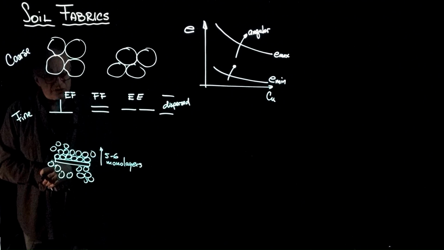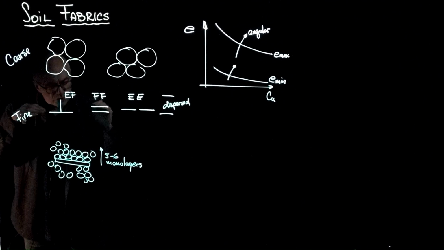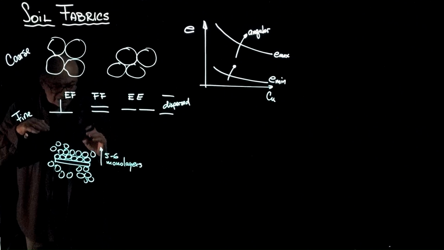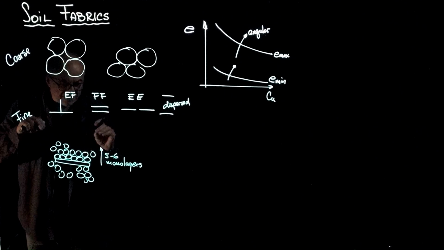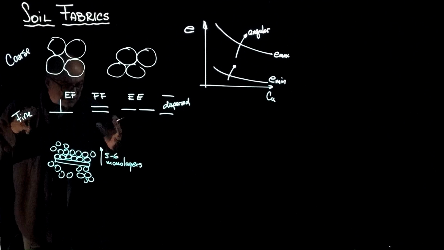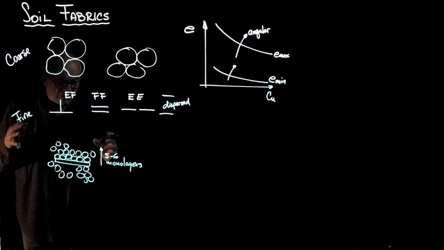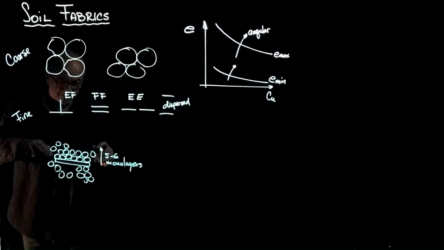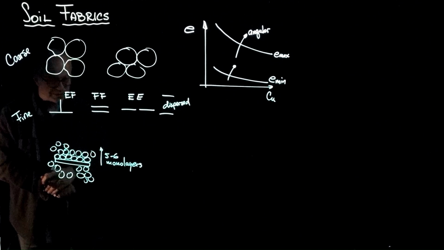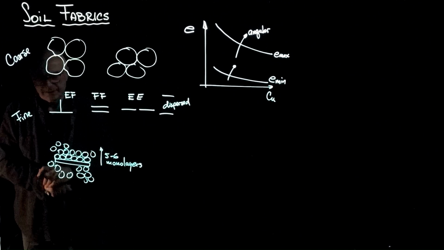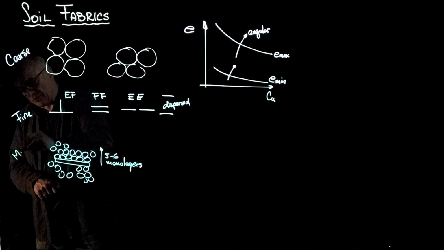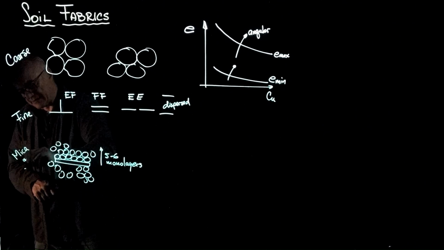So micaceous sands, if we are able to zoom in and see the particles, both the platy particles and the rotund sand grains, we're going to see these two effects: forced arrangement or preferential arrangement, and bridging and large voids. So this is the combination of mica and sand.